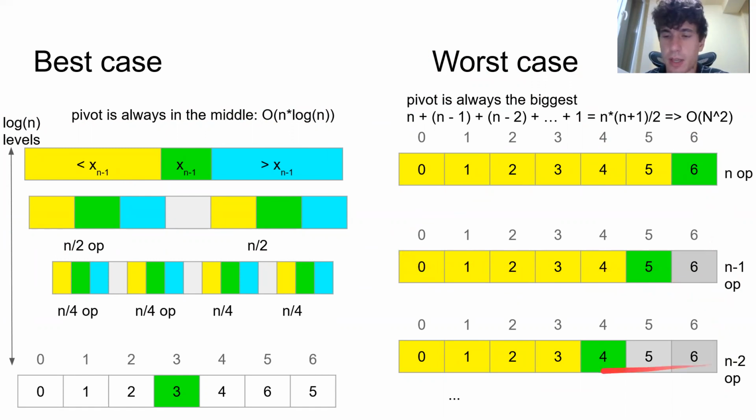The third time, we'll do n-2 operations, and so on. And if we compute this sum, we'll get about n² operations. So basically, it is bad if the pivot doesn't split the array into equal parts. And it's very good if the pivot always splits the array into equal parts.